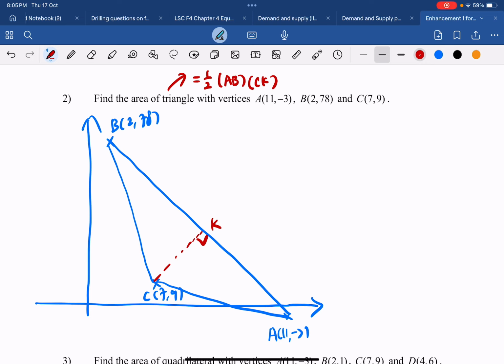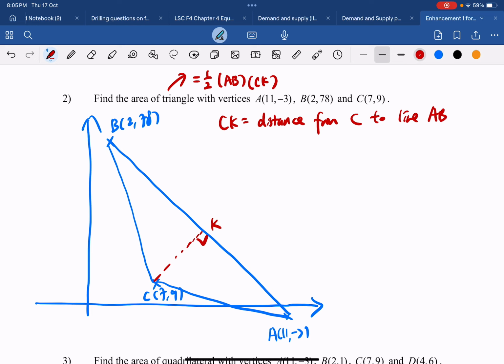AB for sure we can compute because we have their coordinates, so we can use the distance formula. But now, how can we compute the distance for CK? You know, CK is just the distance from C to the line AB, right?